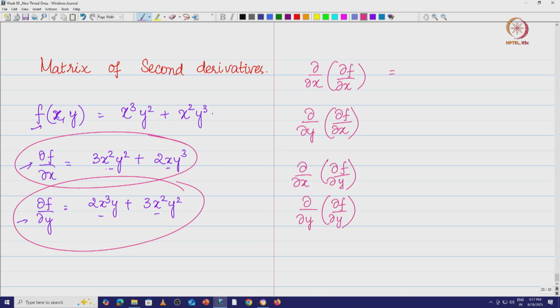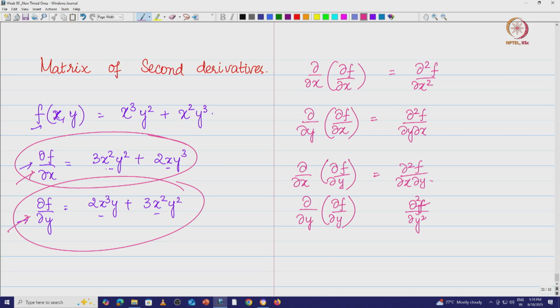For a single function of two variables, we have two elements in the gradient, but for the second partial derivatives you have four terms: dou square f by dou x squared, dou square f by dou y squared, and here dou square f by dou y dou x and dou square f by dou x dou y.